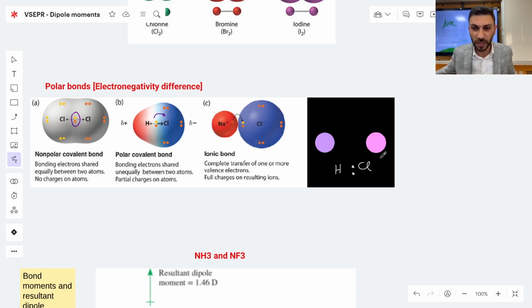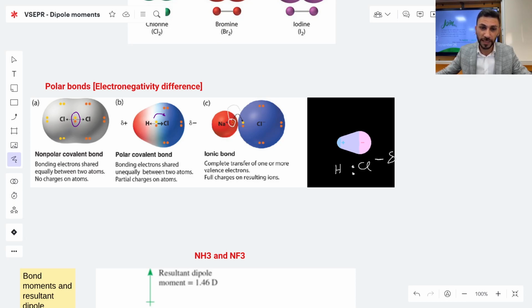That's why we write it as partially negative with the letter delta. Delta means partially, not completely negative, because it's not an ionic compound. Look at the ionic compound: the electron from the sodium completely transfers to the chlorine atom to become a chloride ion. But here, no, it's just like a covalent bond, but it's a polar covalent bond.